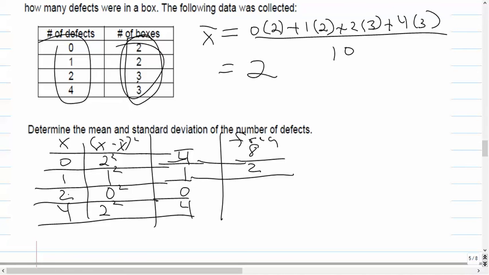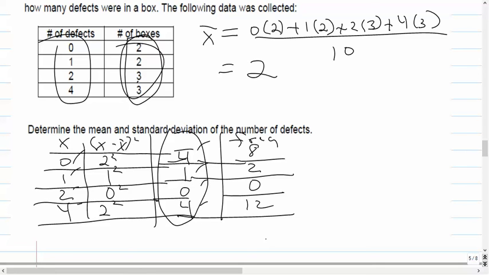The 0 shows up 3 times, so 0. The 4 shows up 3 times, so 4 times 3 is 12, right? I think I said that backwards. But again, here's the calculations, but you've got to remember how many times these pieces of data showed up. These need to be multiplied by the related frequencies.